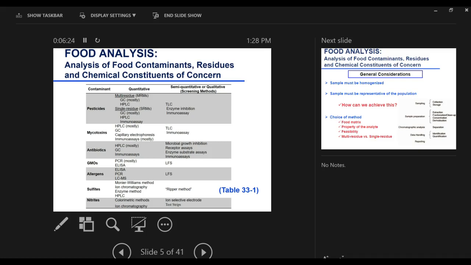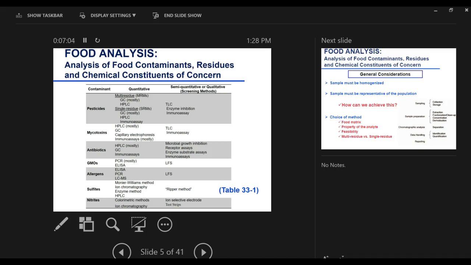And then most of the methods you can see are like chromatography methods. Pesticides, it's mostly GC, but some of the new pesticides that are coming out are polar, non-volatile, so we're using HPLC for those. And then thin layer chromatography, enzyme inhibition, and immunoassays are your semi-quantitative method, and we'll give examples as well. So you'll see also mycotoxins, you have chromatography, most HPLC because they are on the polar side, non-volatile.